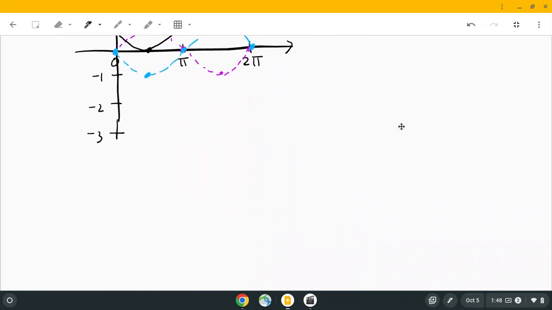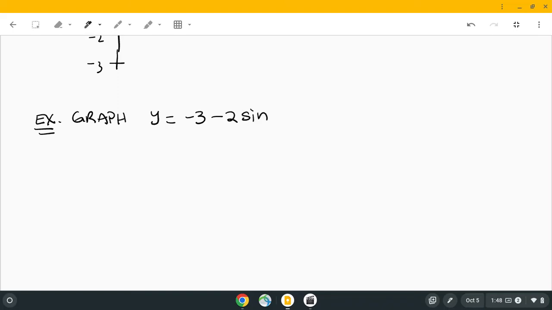Okay, so let's take a look. All right, so let's do this one. So let's graph y equals -3 minus 2 times sine pi x.